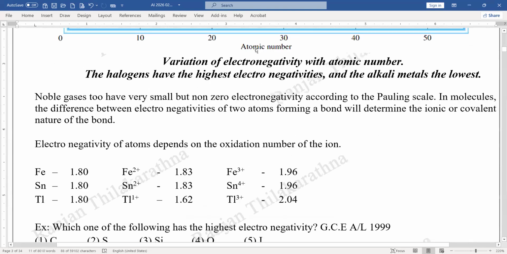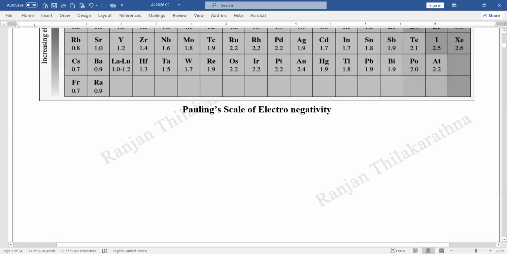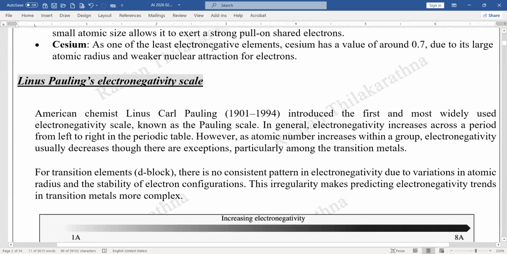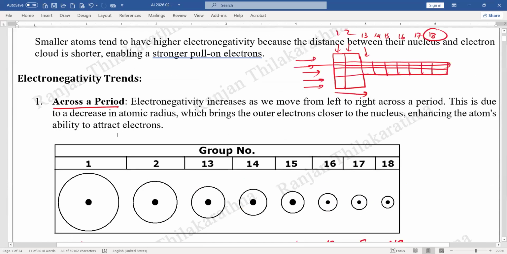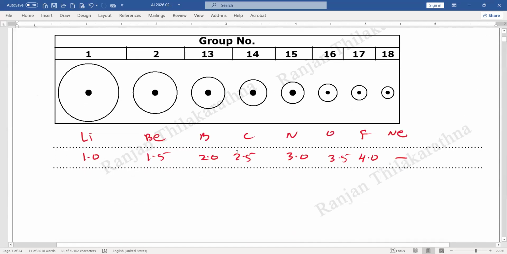Okay, we will discuss those in detail later. Then from left to right across a given period, the electronegativity is increasing due to the increasing of the nuclear charge and the decreasing of the size. So write down these elements' electronegativities.